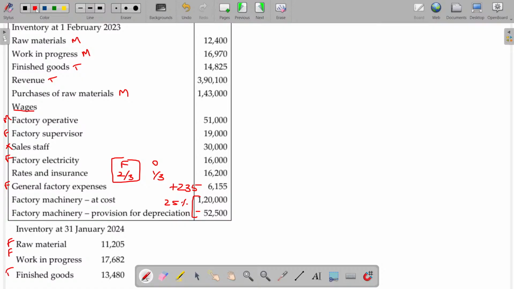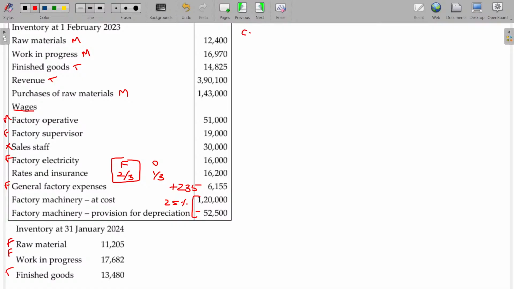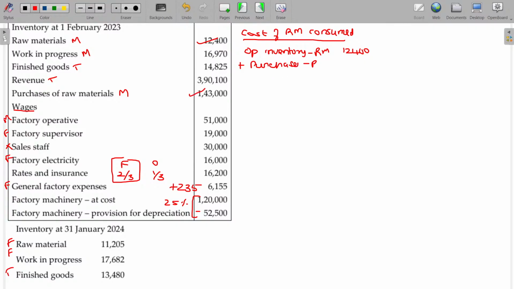We'll start with the raw material consumption. Cost of raw material consumed. Okay. Opening inventory of raw material 12,400. Add purchases of raw material 1,43,000.